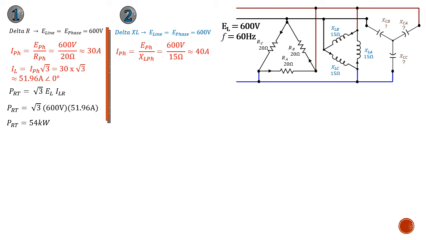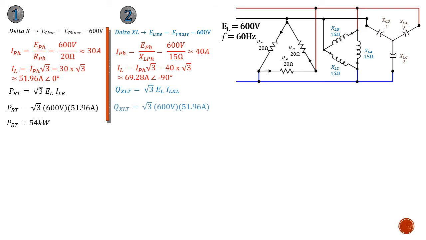Again, we have to adjust our phase current to a line current, which means we have to multiply through by √3. This gives us a line current of 69.28 amps at a lagging 90 degrees.